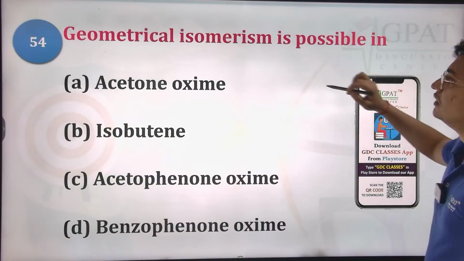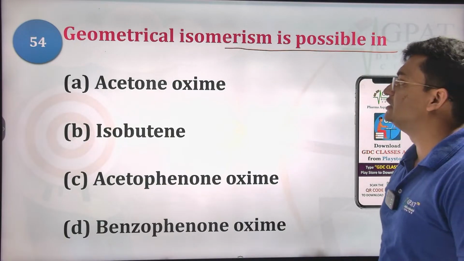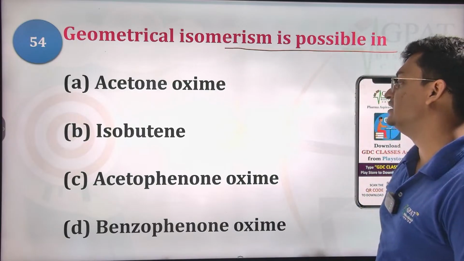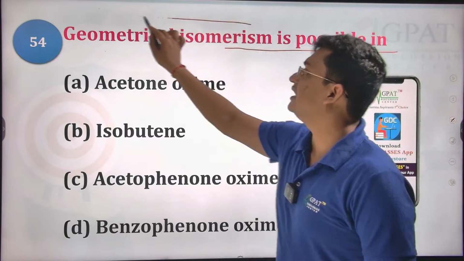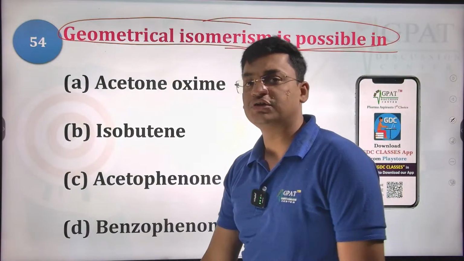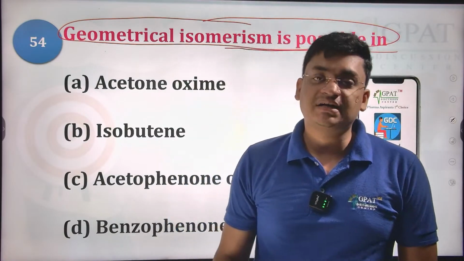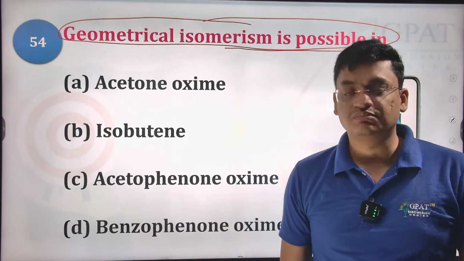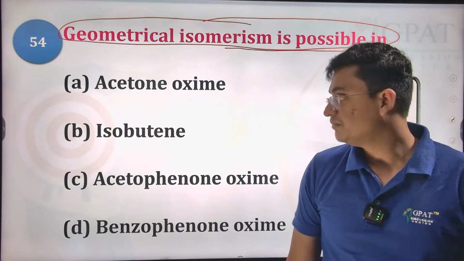Geometrical isomerism is possible in acetone oxime, isobutene, acetophenone oxime or benzophenone oxime. Geometrical isomerism is possible only in structures having restricted rotation, that is the presence of a pi bond, and both the atoms having restricted rotation must have two different groups attached on a single atom.